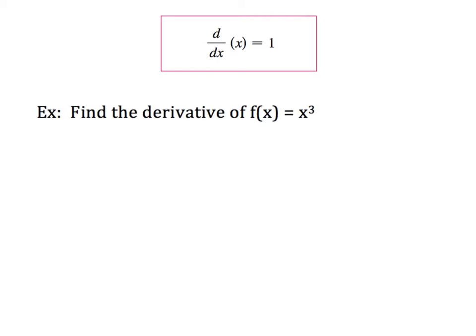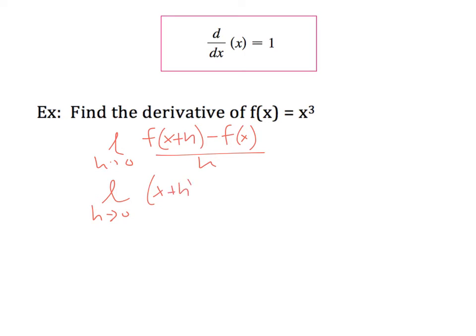For example, find the derivative of f of x equals x cubed. So we know our limit definition from before, the limit as h approaches 0 of f of x plus h minus f of x all over h. If we apply that to x cubed here, subbing in x plus h, I get the limit as h approaches 0 of x plus h to the third minus f of x, which is x cubed, all over h.